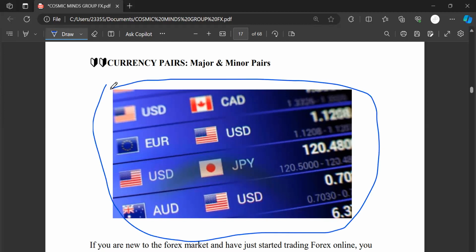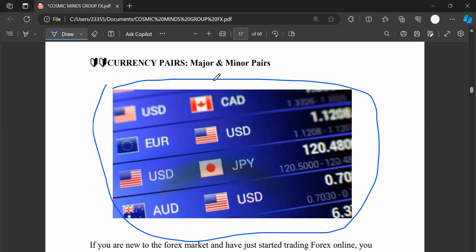The currencies we have are the USD, the Euro, the Aussie, Canada, New Zealand, and in fact we have a number of them. These ones are the major currencies that you can actually trade. So if you see any of these currencies in a pair, the 8 of them, then that currency pair is actually a major one, right?